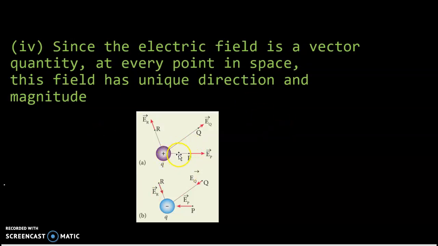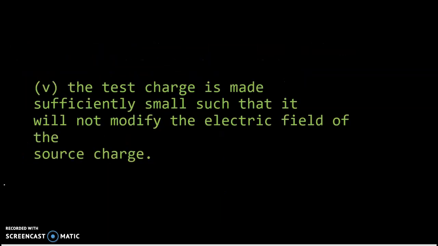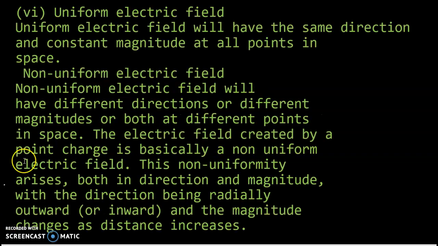Here the magnitude is a little bit longer, whereas here the magnitude is shorter. And then the test charge is made sufficiently small such that it will not modify the electric field of the source charge.